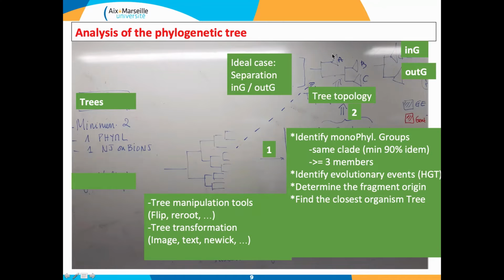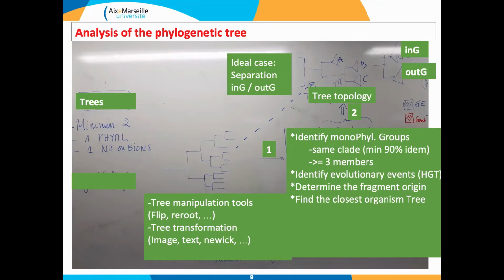You see my mouse? From the beginning, I move, I get one monophyletic group, and the symbol of the monophyletic group is a triangle, like you see here. And then I annotate it A, B, or C. In this case, I have three monophyletic groups, but in the case we discussed before, there are only two.